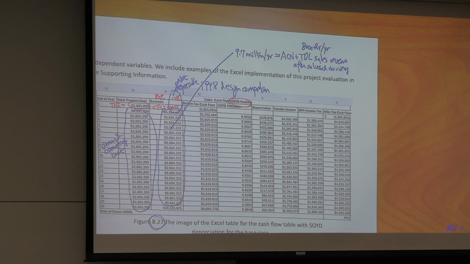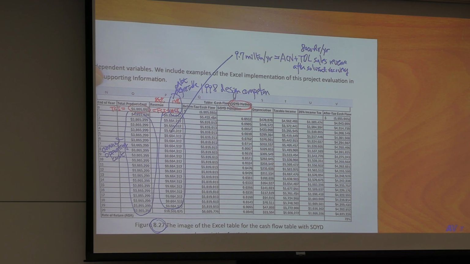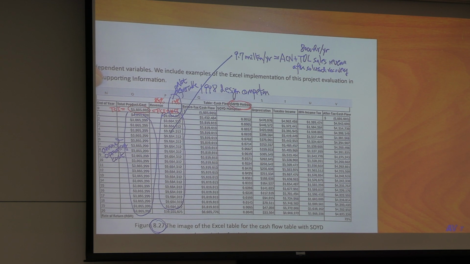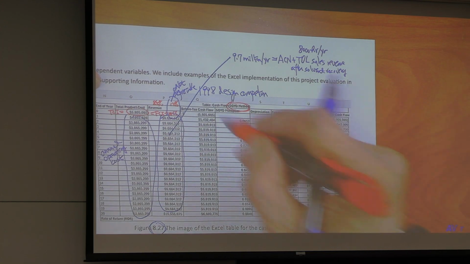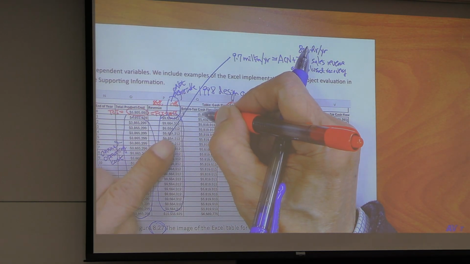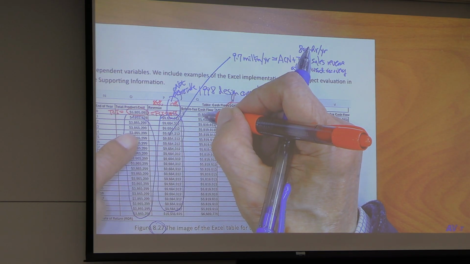So, before tax cash flow is revenue minus operating costs.